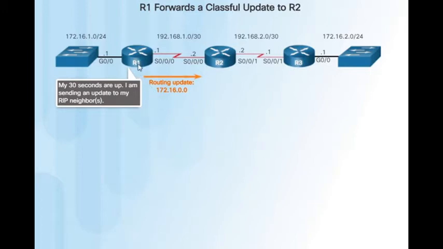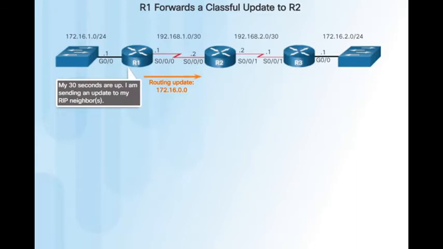The router will just categorize this as a class B address, so it's just going to send the 172.16.0.0 network. As you can see, there is already a problem there.